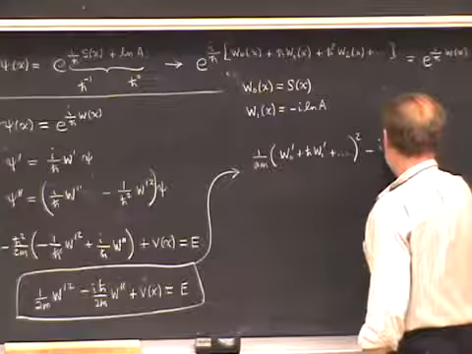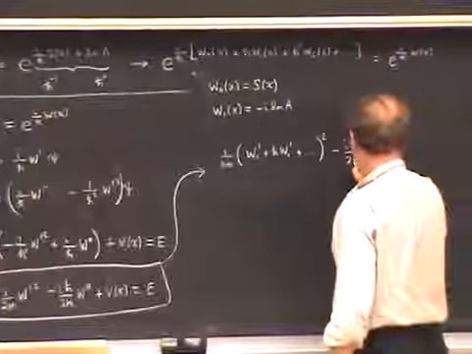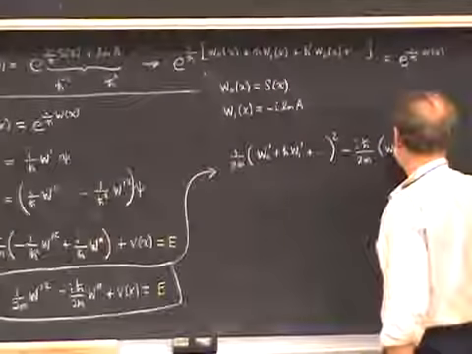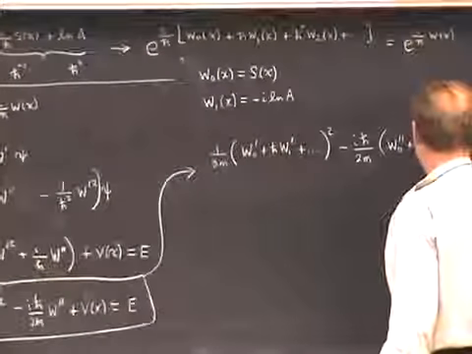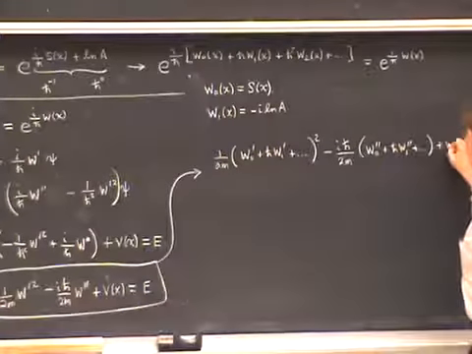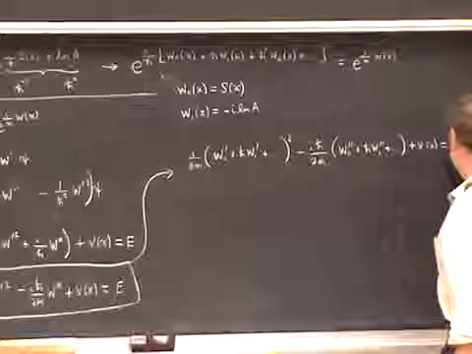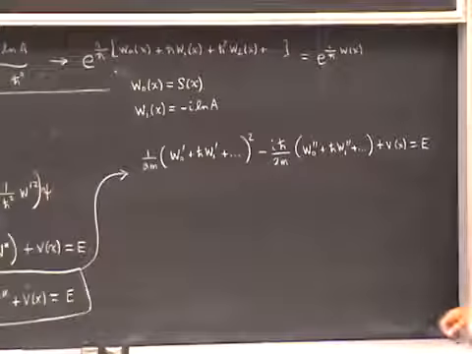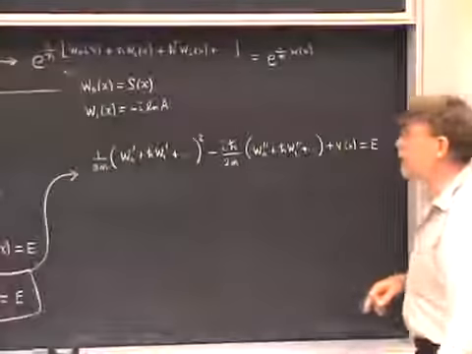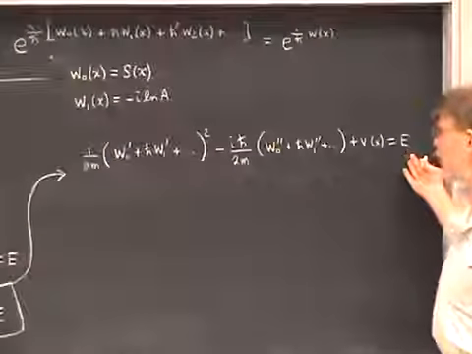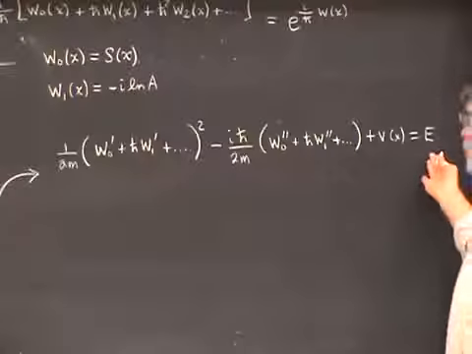Then we get minus i h bar over 2m times w double prime, which is the same as w0 double prime plus h bar w1 double prime plus dot dot dot, plus potential energy V of x equals E. And now what we want to do is to take this series and to collect it order by order in powers of h bar.